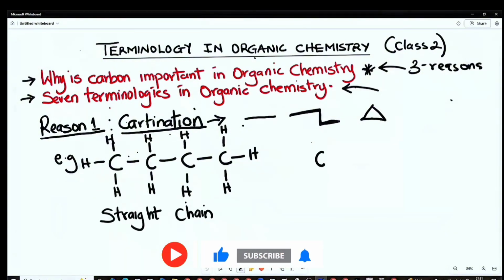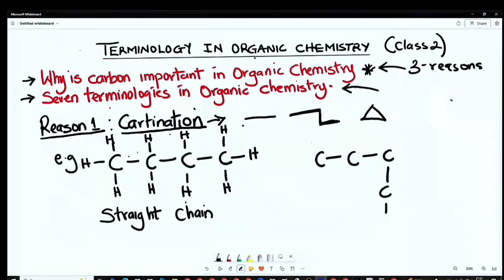Now for the branched chain, you can see that it can also branch like this, right? Such that if we complete this, we have hydrogen, hydrogen, hydrogen, hydrogen, hydrogen, like this.